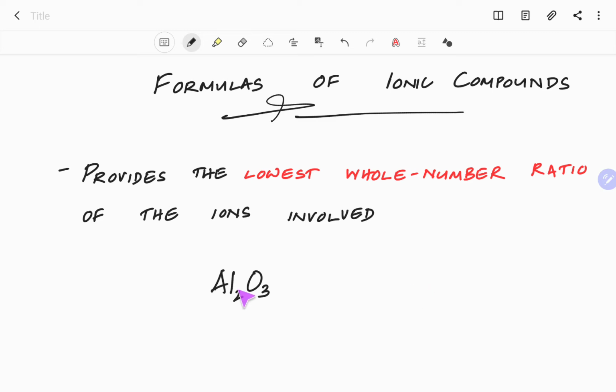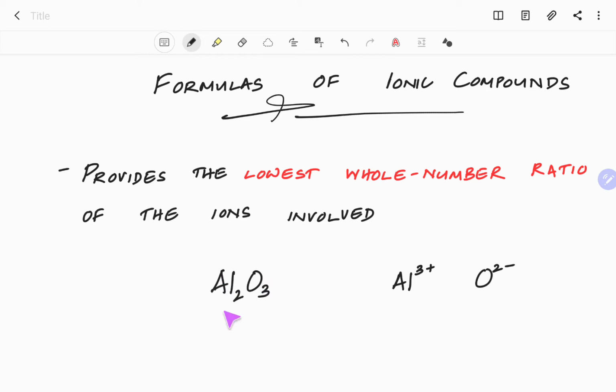Basically it will tell you what type of ions are involved. It has aluminium ions, and we know the charge of aluminium, and then oxide ions. Based on the symbols we can figure out which types of ions are involved in this chemical compound. And the subscripts basically tell you how many aluminiums and oxygens you have.